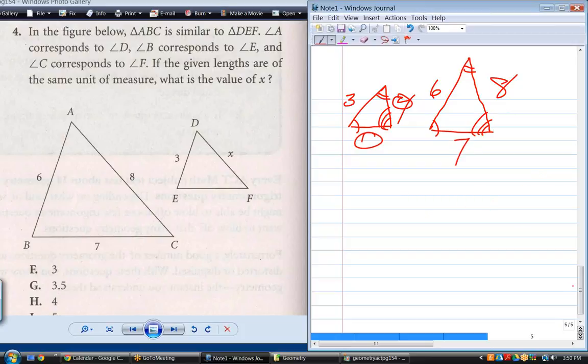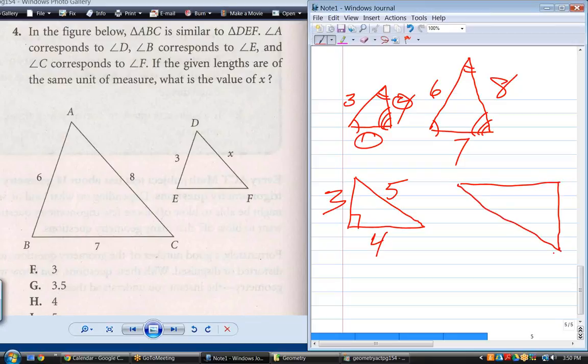And that's true with all similar triangles, whether they're oriented the same or not. Here's a right triangle that I'm going to make dimensions 3, 4, 5. And here's another right triangle, and I can say those are similar.